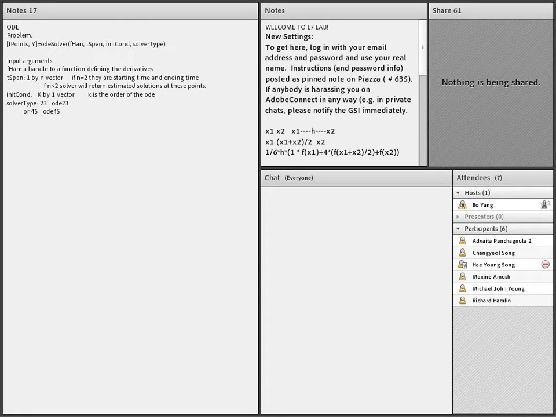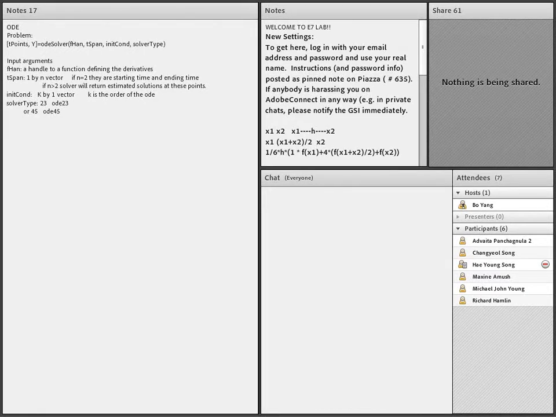Initial condition is a k by 1 vector. Here k is the order of the ODE, and the solver type is ODE 23 or ODE 45. If it is ODE 23, you just give 23, and for ODE 45, you just give 45.